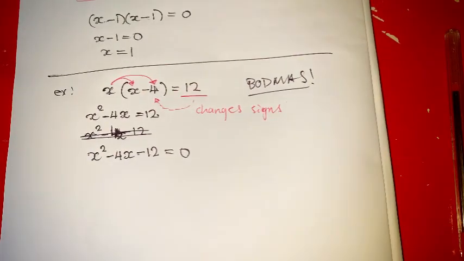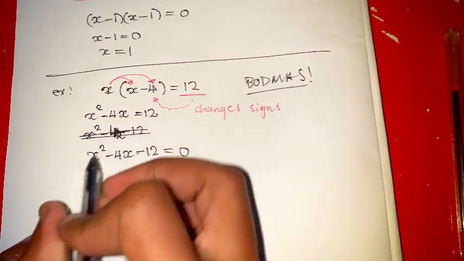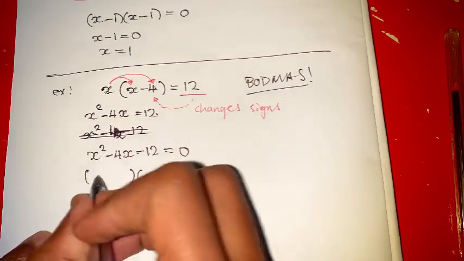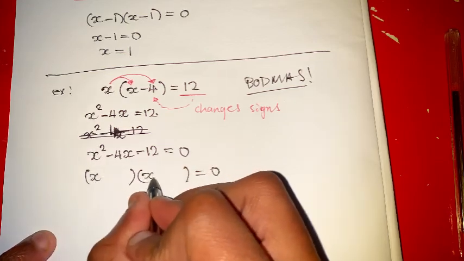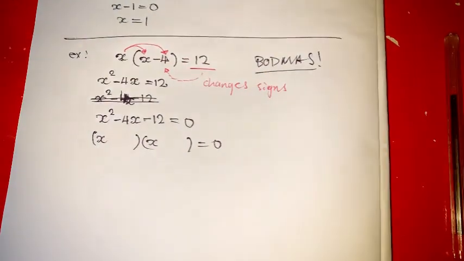So what you can do now, you apply the same method we've been applying for factorizing. Put it to 0. For it to become x squared, you must have multiplied x with x. If it was 2x, you must have multiplied 2 with 1.